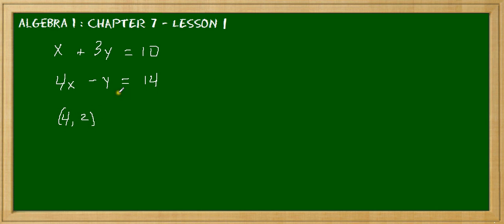So that means we have to go plug in these values and see if they work. So I would have 4 plus 3 times 2 is equal to 10, because I put in the x and y value. And I want to determine whether or not this is true. Well, I have 4 plus 6 is equal to 10. So 10 is equal to 10. So it certainly works there.